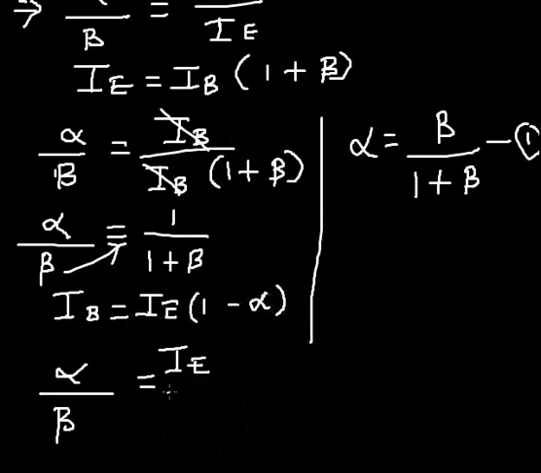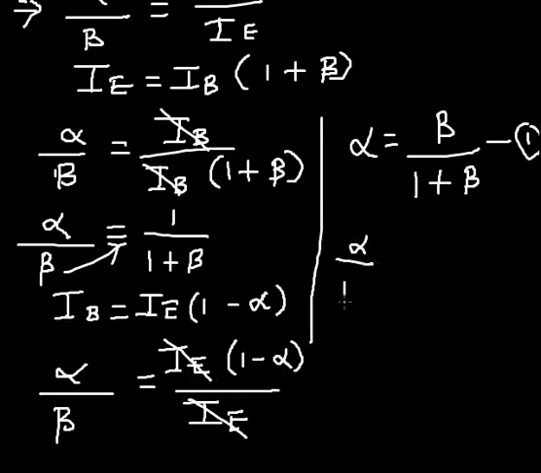So IE times 1 minus alpha, divided by IE. In this case, this cancels this. So I have alpha over beta equal to 1 minus alpha, of course divided by 1.